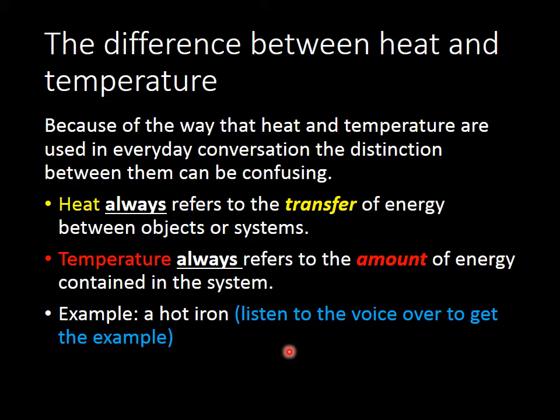The iron itself can't possess heat. It doesn't have the heat, but it can transfer that energy through the kinetic energy of those particles. And so we say that heat is the energy that was transferred, and the temperature is just the measurement of the amount of kinetic energy that's there.